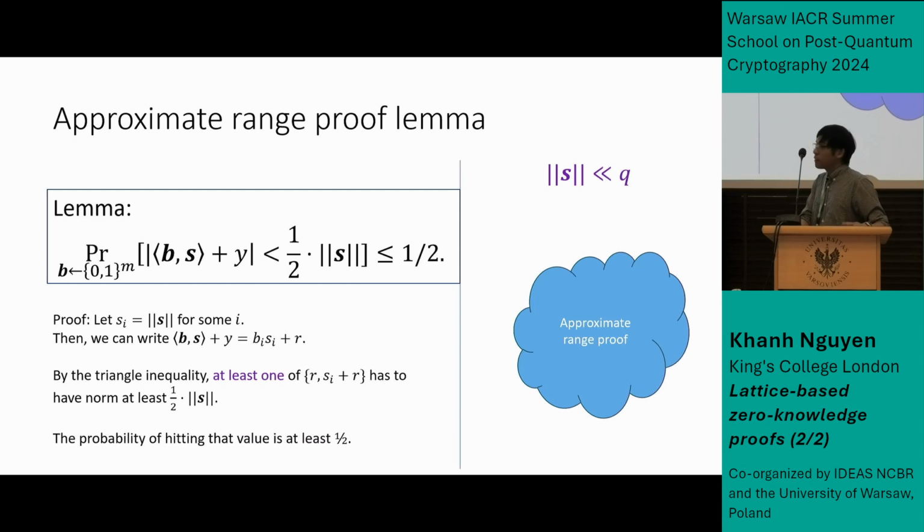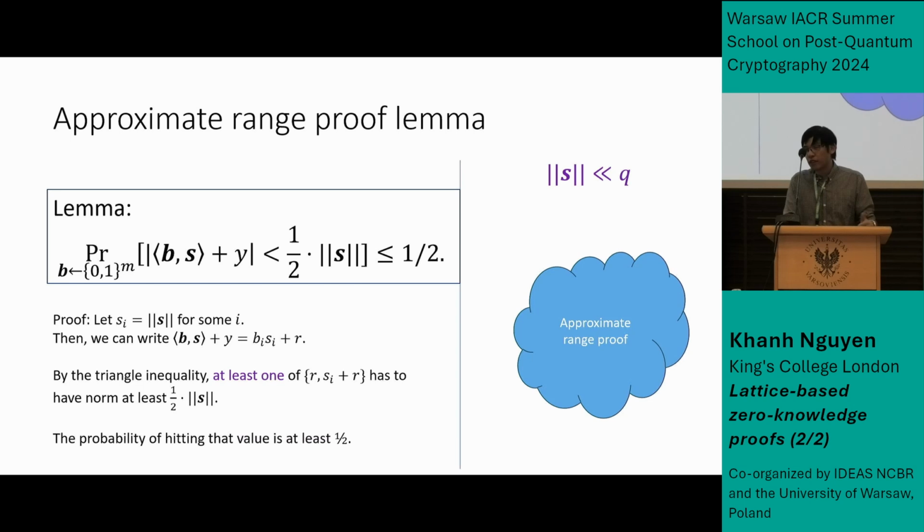So how to prove this? Let's say the infinity norm of S is equal to the absolute value of Si for some i. Then I can write this term, the inner product of B and S plus Y, as bi times si plus r. And we don't care about r. We really care about bi si and the term bi.